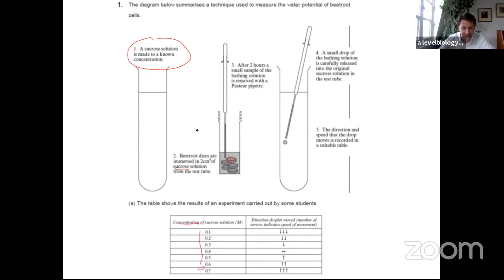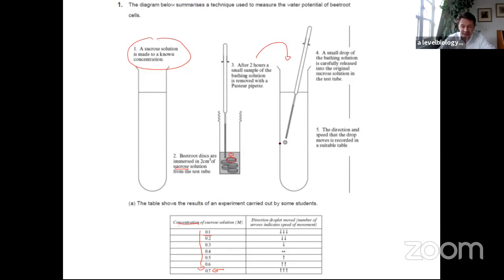They repeated the experiment 7 times to give you an independent variable of 7 values, going from 0.1 molar sucrose to 0.7 molar. They've put the beetroot discs in there and left them for 2 hours, and then they take out a small sample of liquid from the solution, and then they put it back into the original solution.